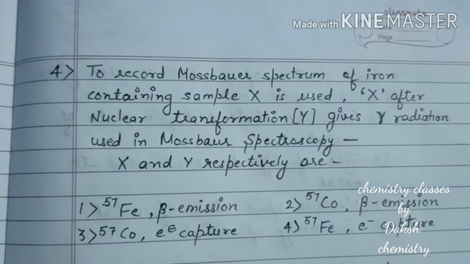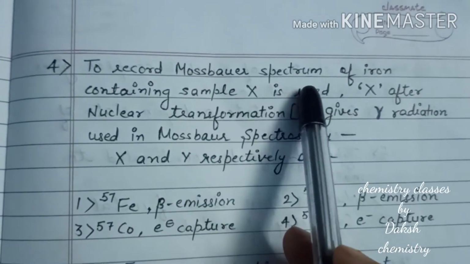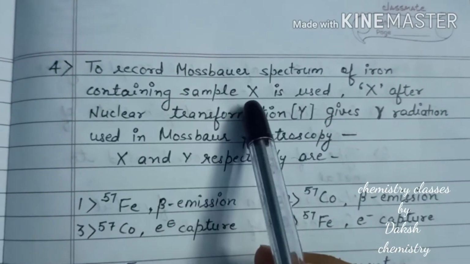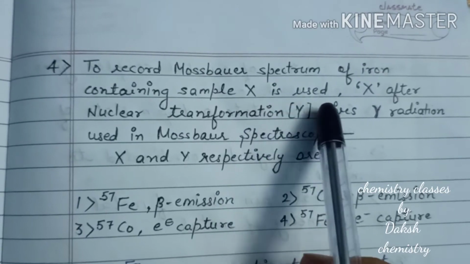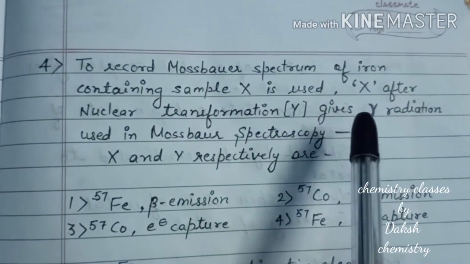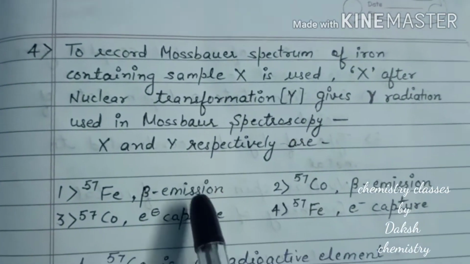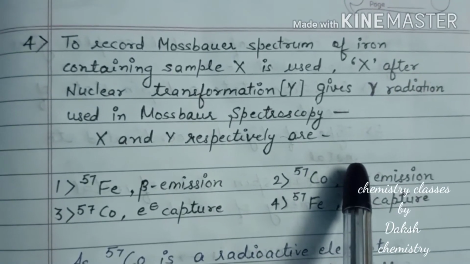Okay. Next question. To record the Mössbauer spectrum of an iron containing sample, X is used. X after nuclear transformation Y gives gamma radiation used in Mössbauer spectroscopy. Then X and Y respectively are.